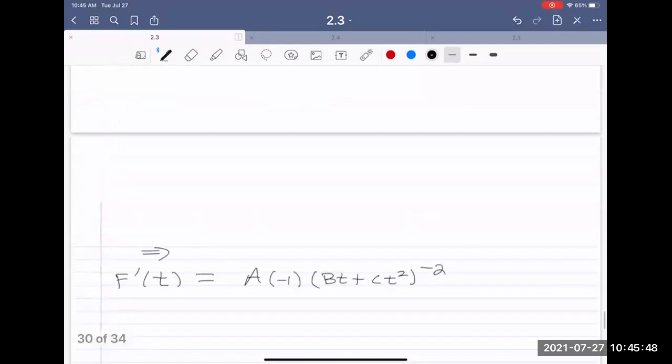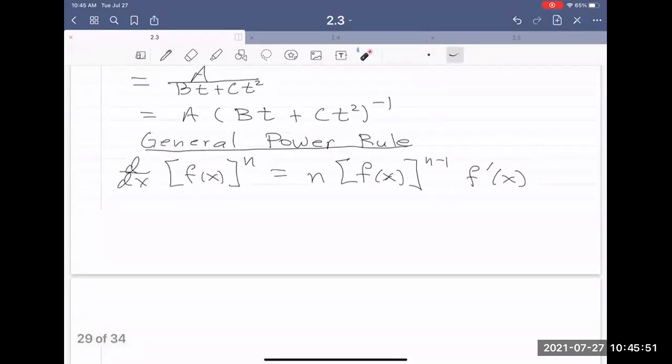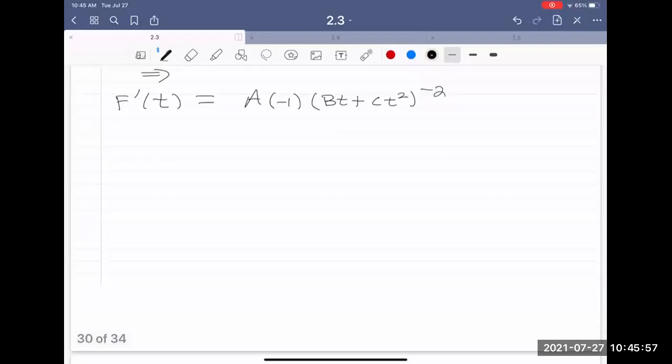All times the derivative of what's inside. So let's take the derivative of what's inside. So the derivative of BT is B. The derivative of CT squared is 2CT. And I am done.